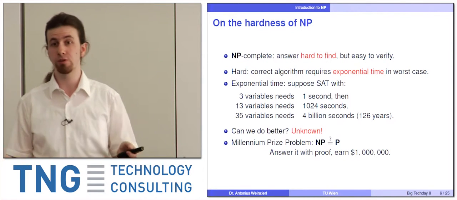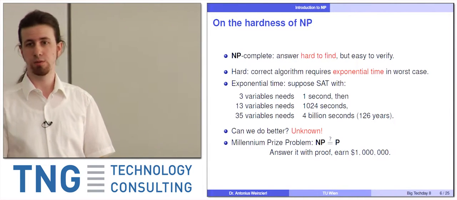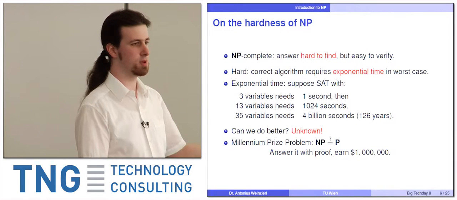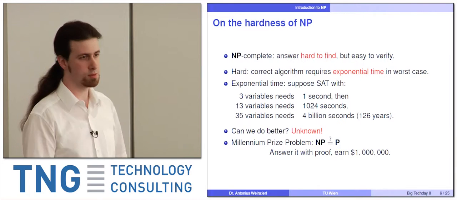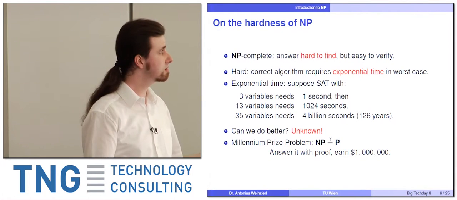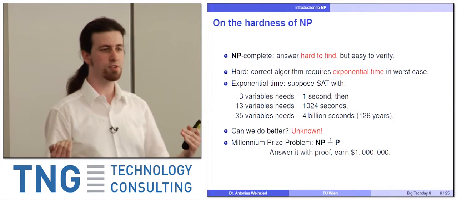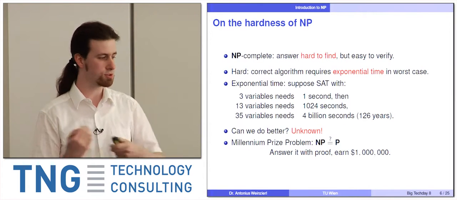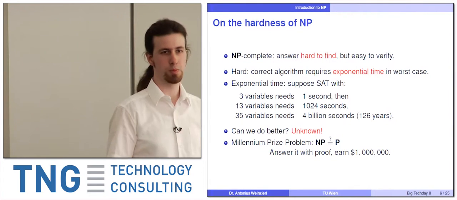So the question is, of course, can we do better? And the answer to that question is unknown, because this is actually the famous P versus NP problem. NP is the class of problems which are hard to solve. P is the class of problems which are easy to solve. And we don't know if there exists a faster algorithm, one which is correct but requires less than this exponential time.